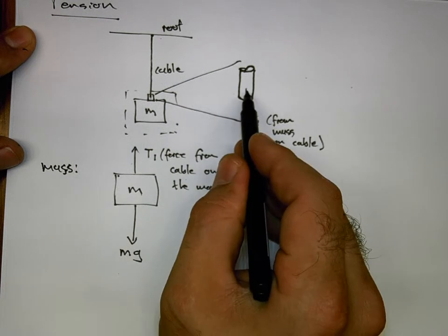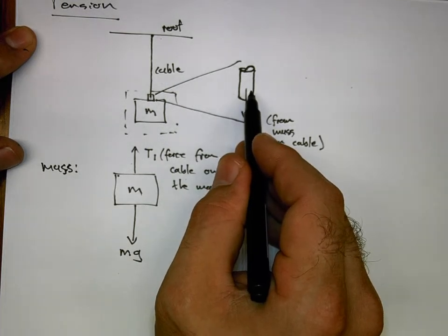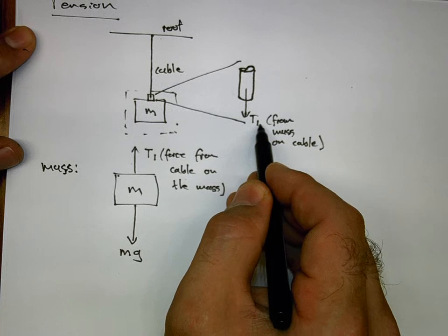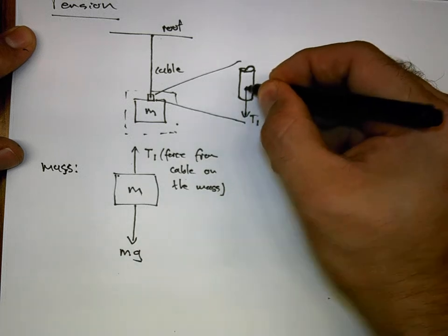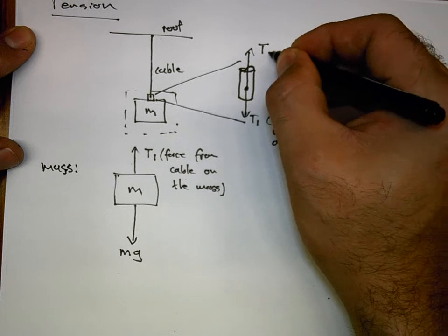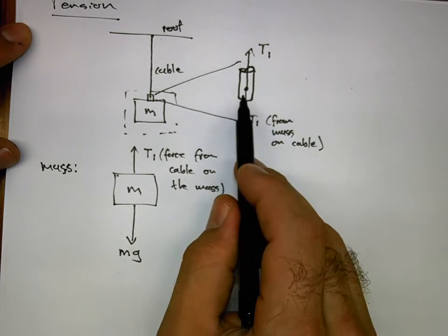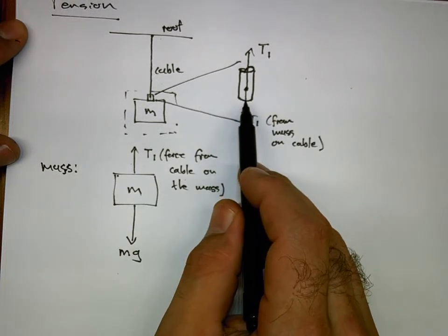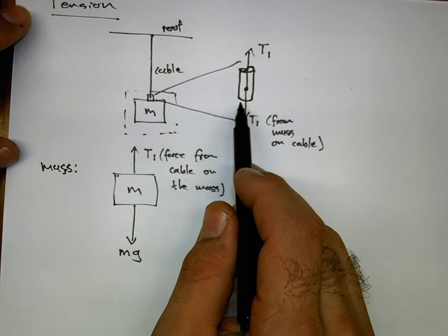But again, this cable is not accelerating. So there must be a force that opposes this, and it must be exactly the same magnitude. Otherwise, there would be a resultant force that's non-zero, and this piece of cable would be accelerating.